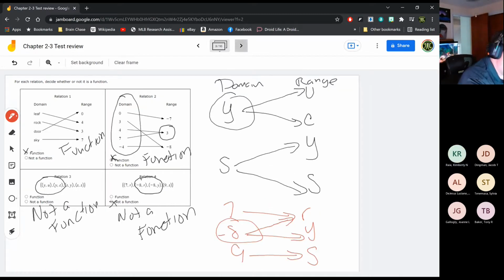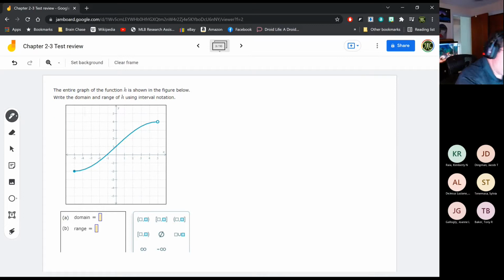All right. Moving on. So the next one's looking at domain and range from a graph. This is the one where you have to look at the parentheses and the brackets. So remember, parenthesis is the open dot, and a bracket is the closed dot.